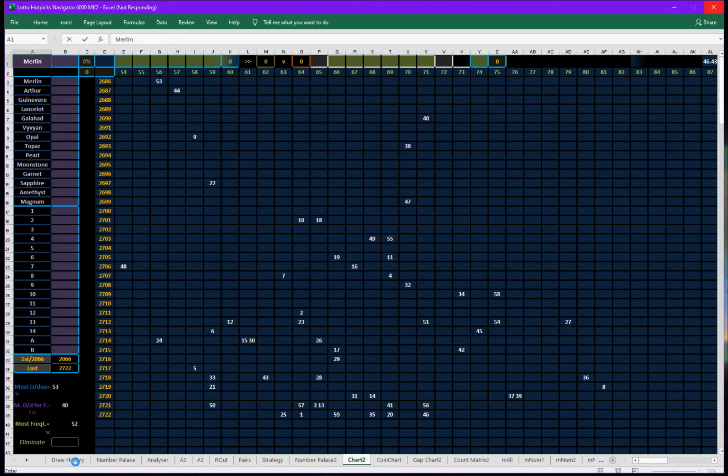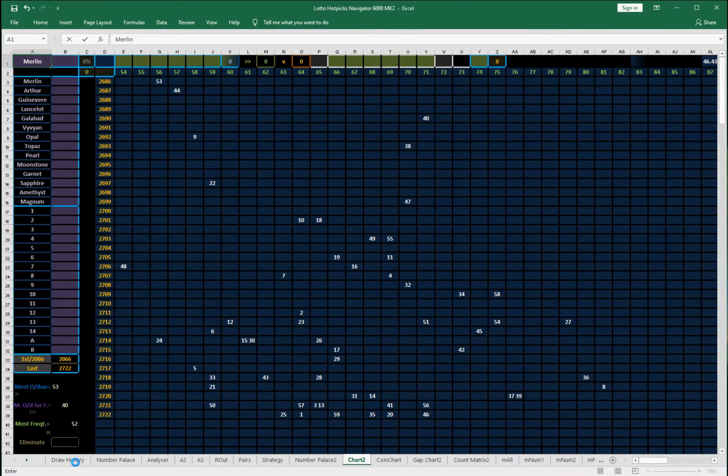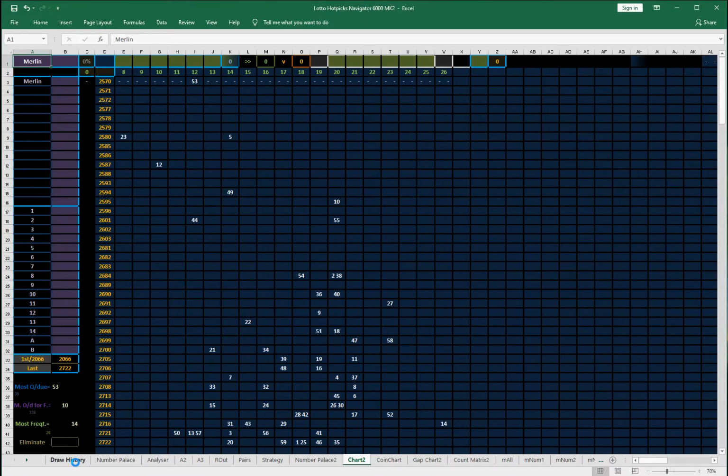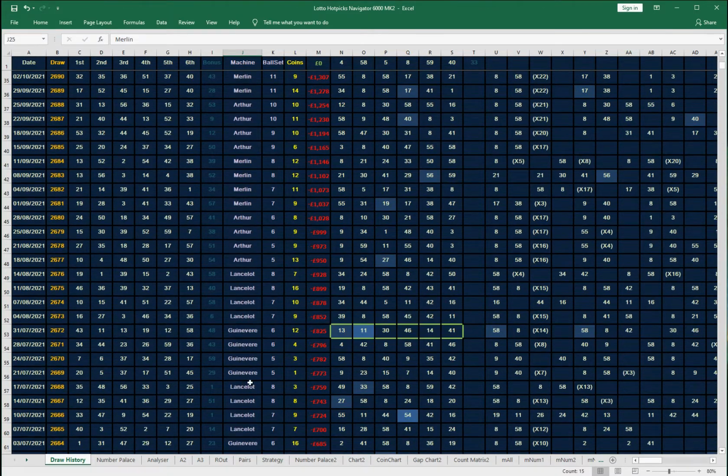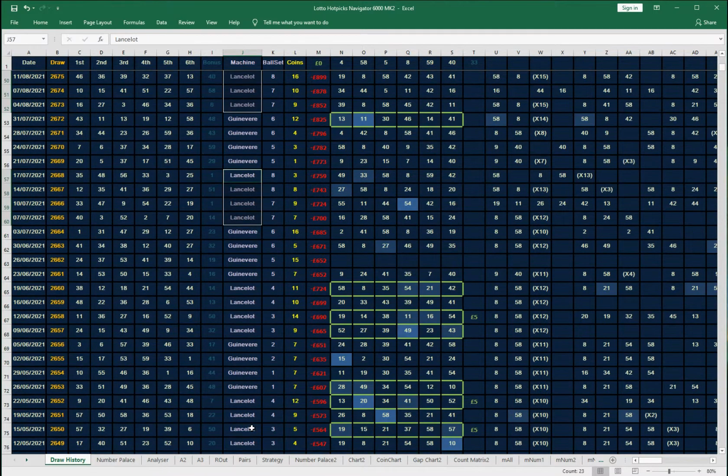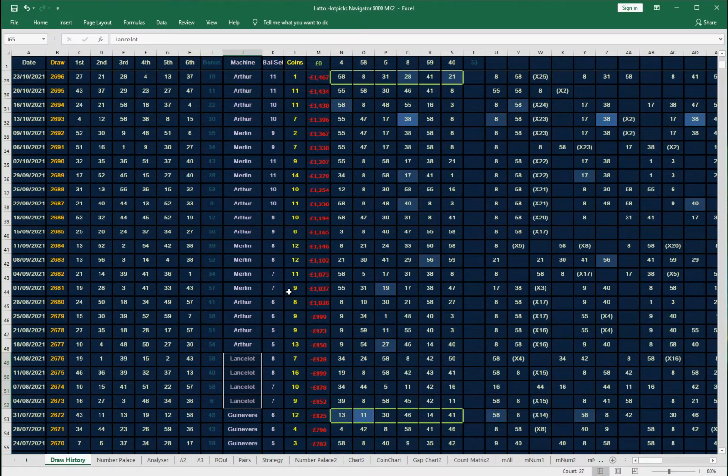So based on the pattern that they use for selecting the machines and ball sets, you can predict what machine is going to be next. See, it gets used in fours. They alternate between two machines, and then they switch to a different pair of machines, and it alternates every 4 draws.